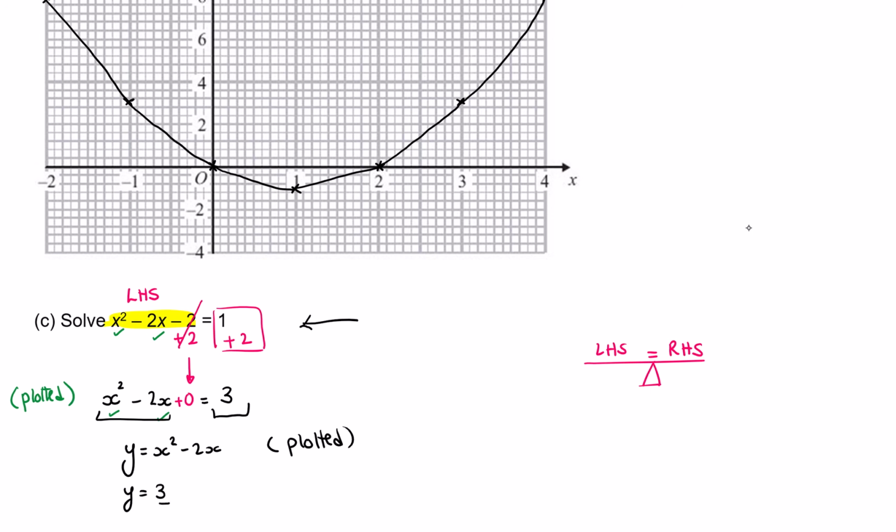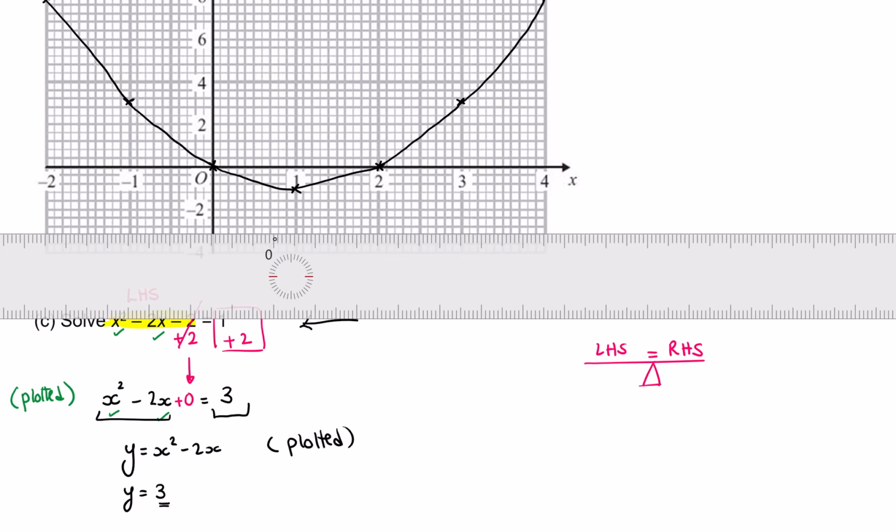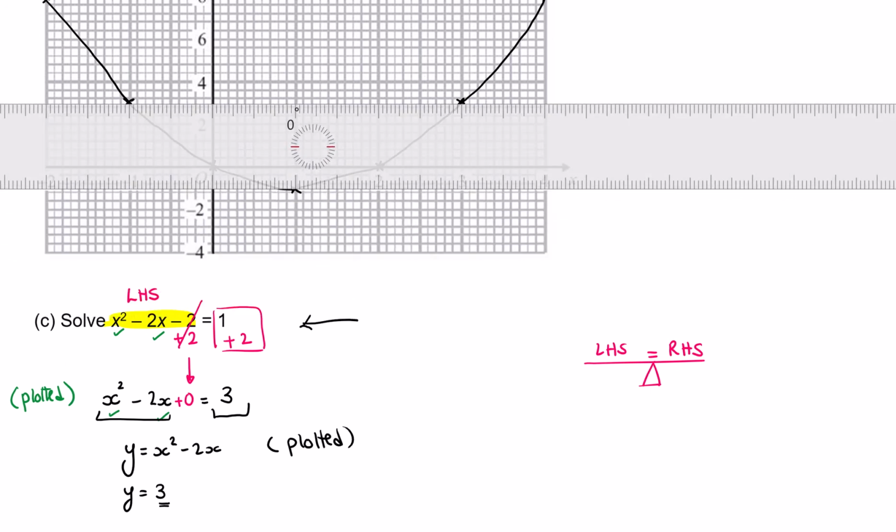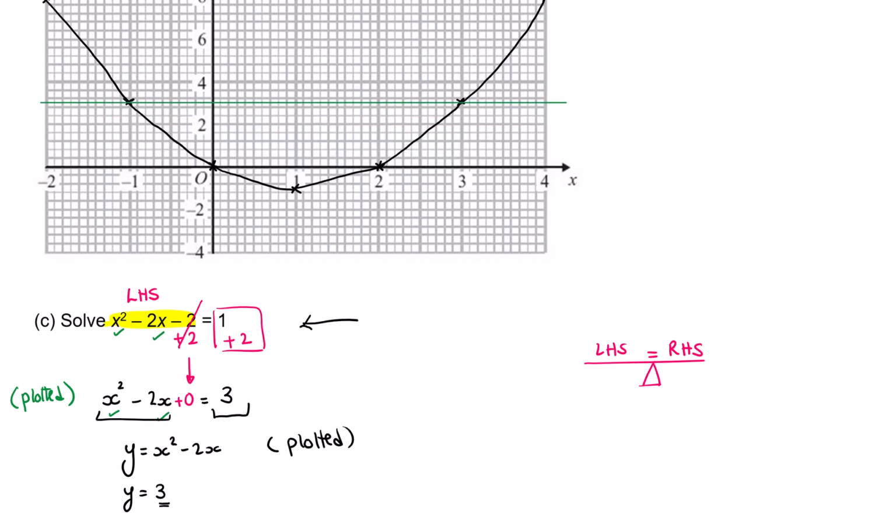And because there are no x's on the other side, this is simply a horizontal line at y equals 3. And it gives you nice solutions, because at y equals 3, x equals minus 1 and x equals 3.